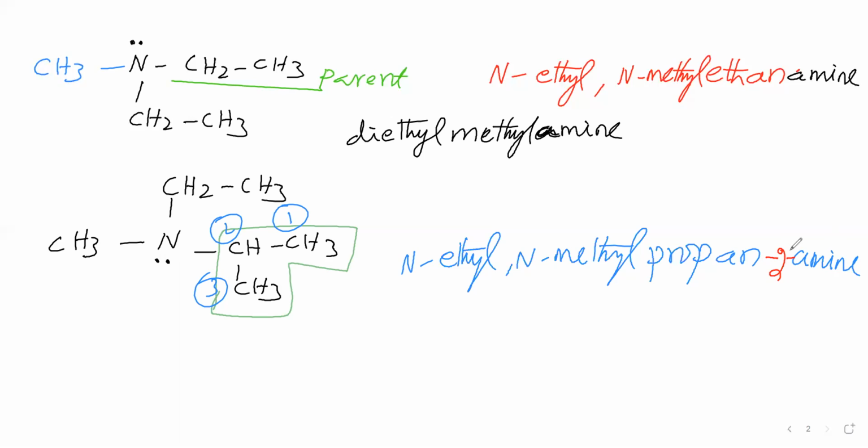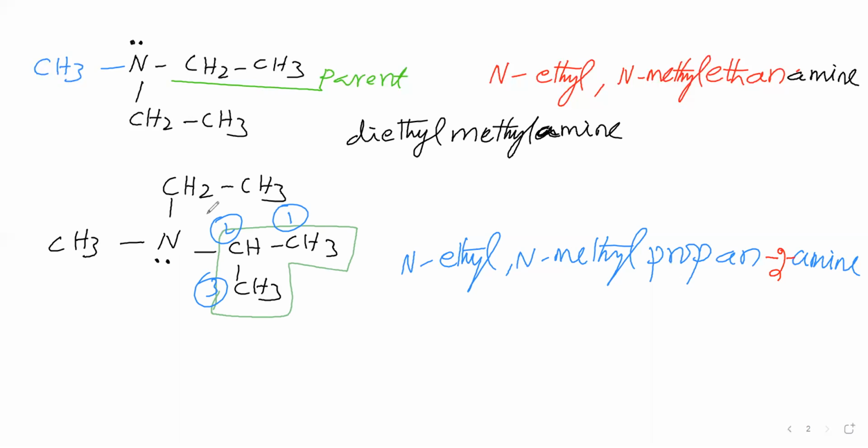Okay. Next, if the organic compound contains more than one functional group, how to name it? So far we have discussed one functional group. Here this compound contains a tertiary amine. Like that we have discussed so far.